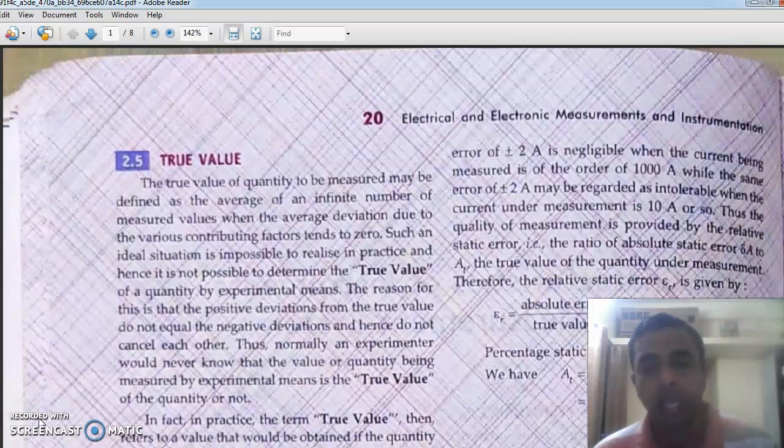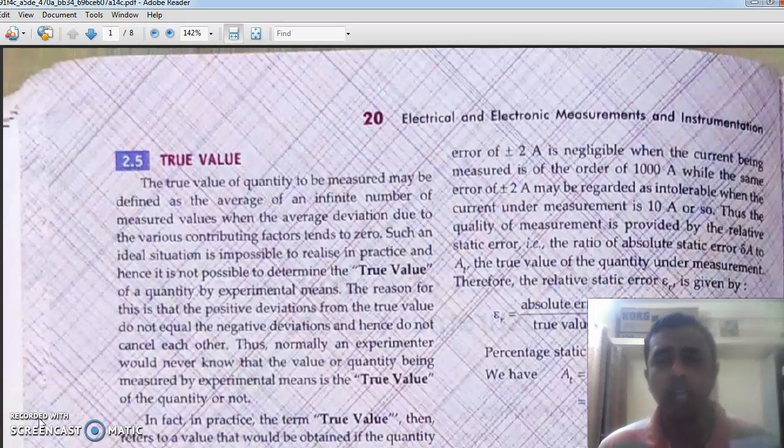So in the last class, we have seen the definition for static characteristics as well as dynamic characteristics, and we have listed the different static characteristics. Then we started with the static error, and yesterday we defined what is the true value and what is the measured or the actual value, and then we computed the static error.